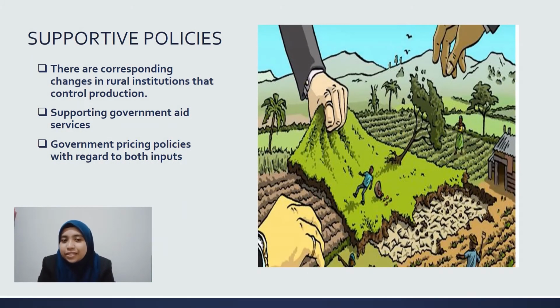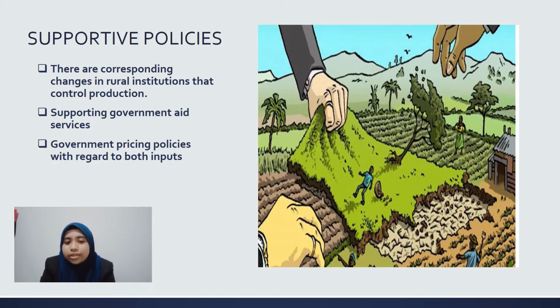Okay, further explanation about the supportive policies. The first point is there are corresponding changes in the rural institutions that control production, such as banks, moneylenders, and seed and fertilizer distribution.